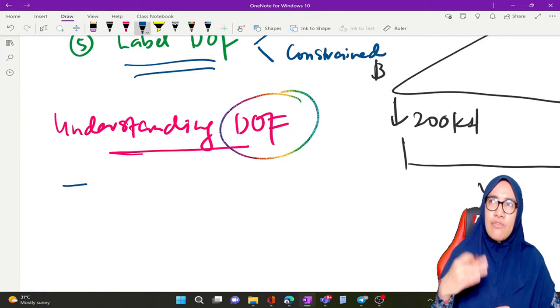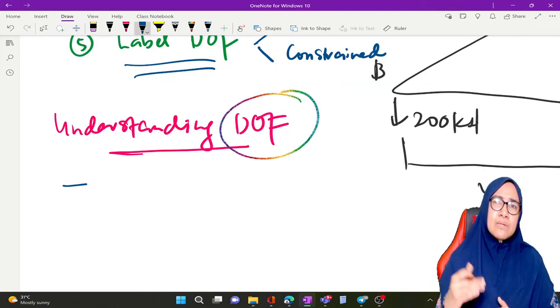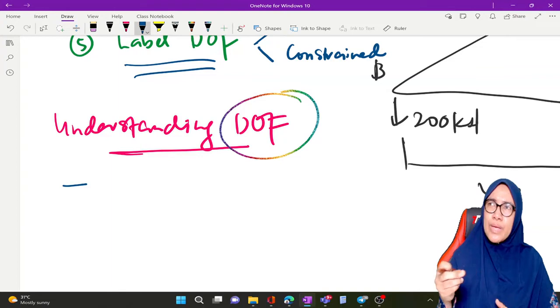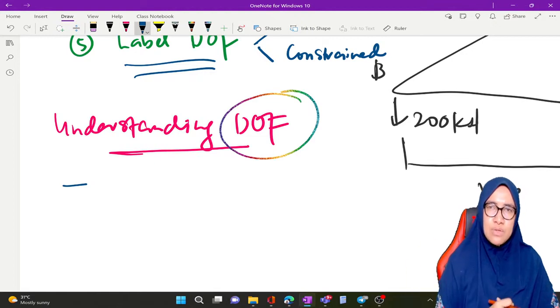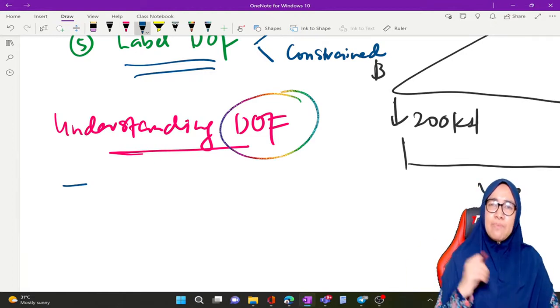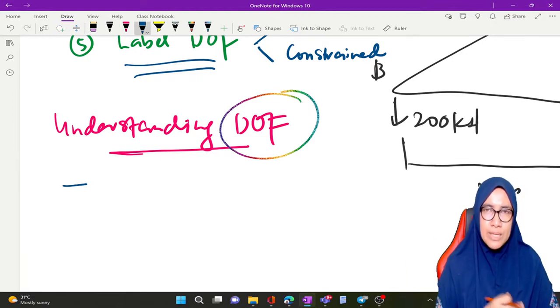What is degree of freedom? Degree of freedom is displacement component, and displacement component also relates with forces. It is something you have learned under a previous topic.